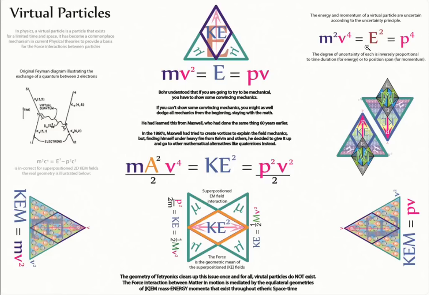These can be formulated in a number of ways, but Tetryonics uses the geometry, and this is what Feynman attempted to use with his Feynman diagrams. He used a diagrammatic procedure to model the particle interactions to give a semblance of order. We can replace all of the Feynman diagrams with Tetryonic geometries of mass, energy, matter fields, or geometries.